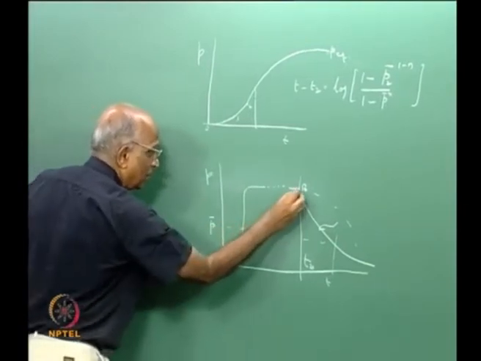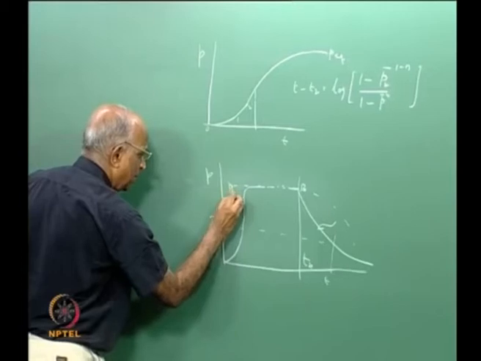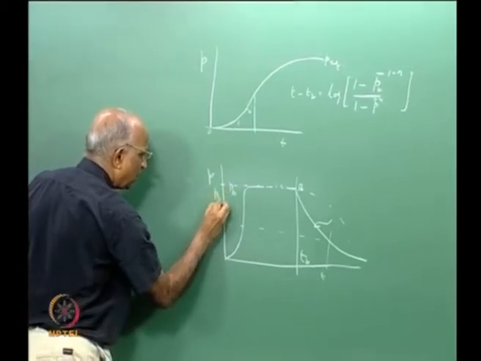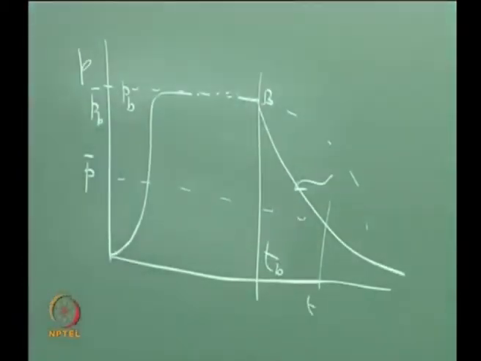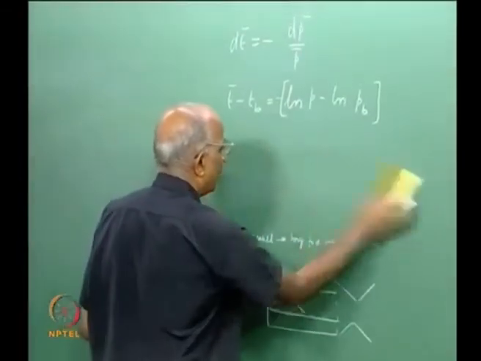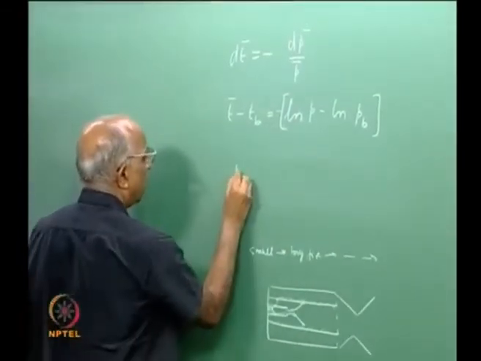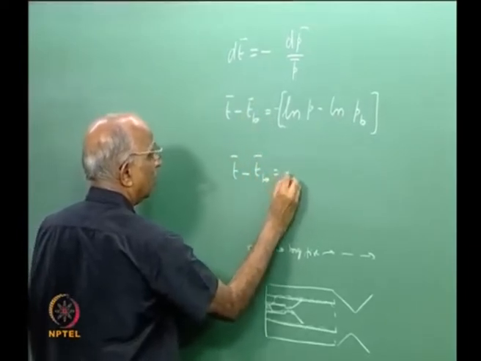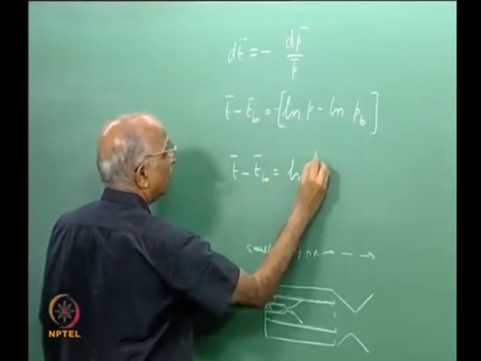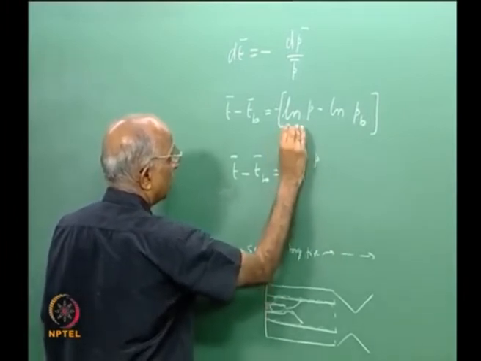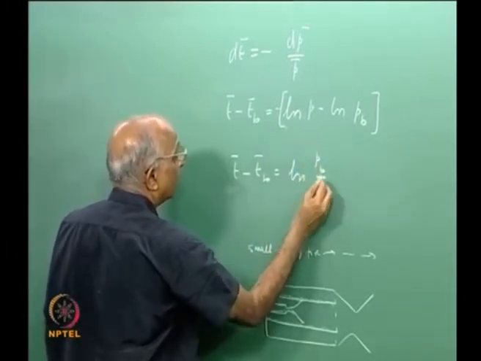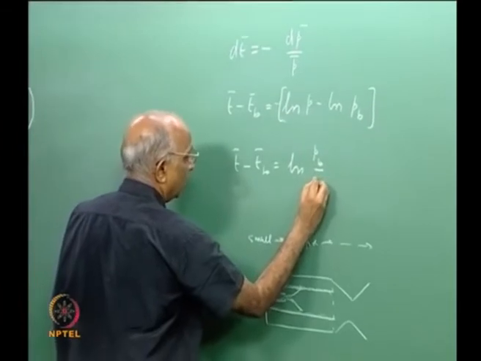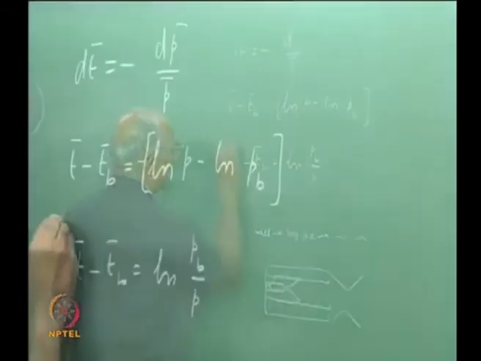The value corresponding to PB gives me the value of PB bar over here, and therefore I get the expression as T bar minus T bar B is equal to ln of, this becomes negative, therefore PB by the value of P over here.